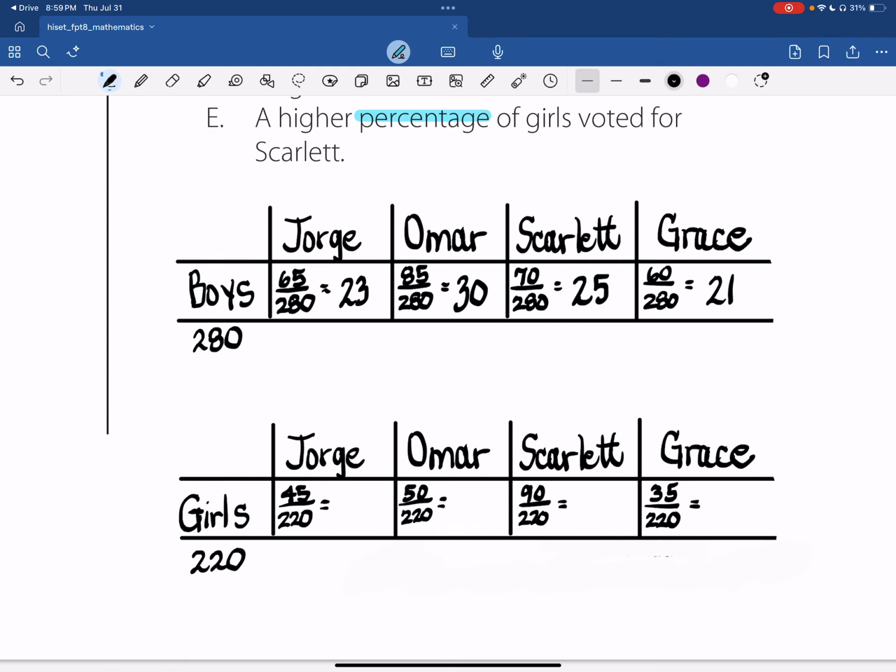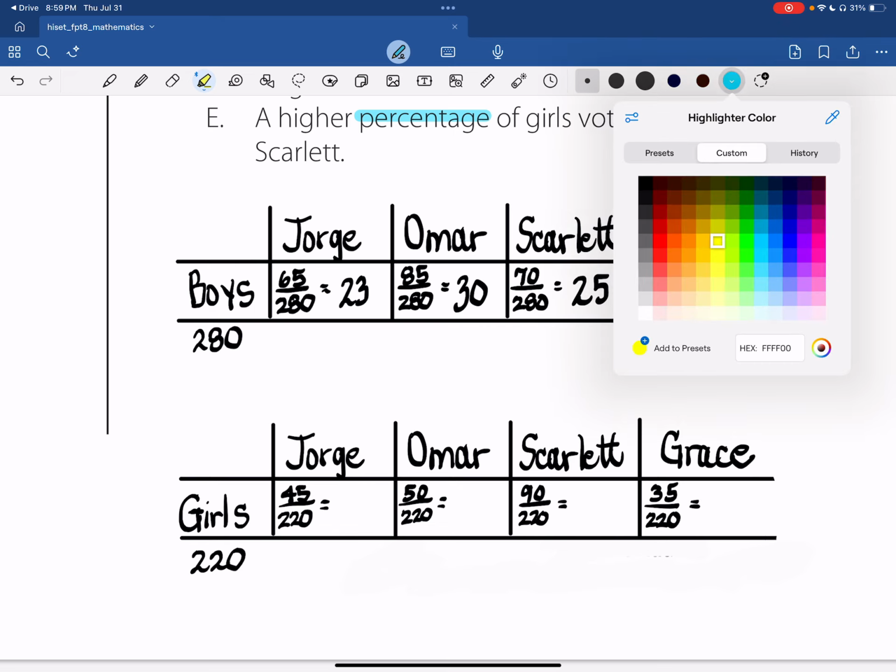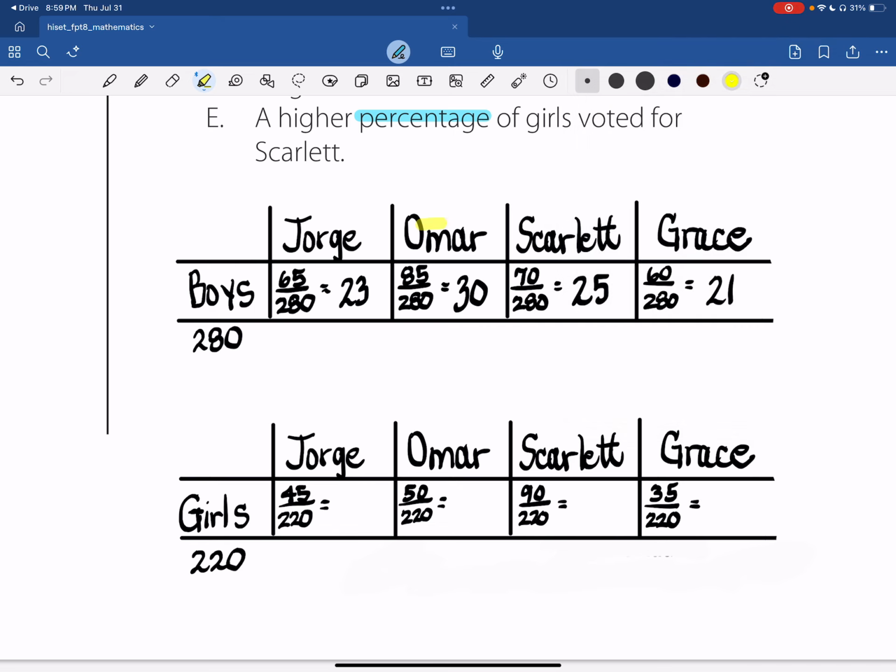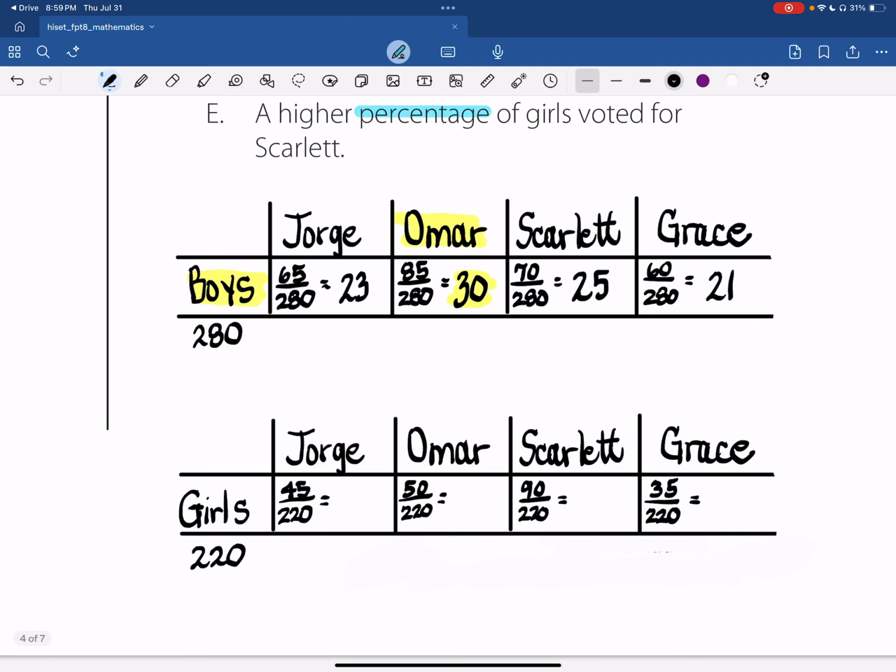So if you look at the boys' votes, just the boys, who won among the boys? Omar got the highest percentage for the boys, and he got 30%. So now let's calculate the percentages for the girls. 45 divided by 220, 20% of the girls voted for Jorge. 50 divided by 220, 23% voted for Omar. 90 divided by 220, 41% voted for Scarlett.